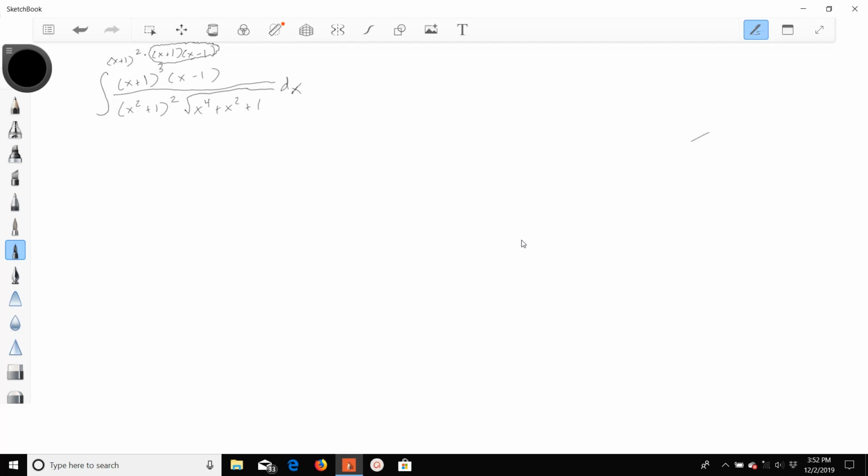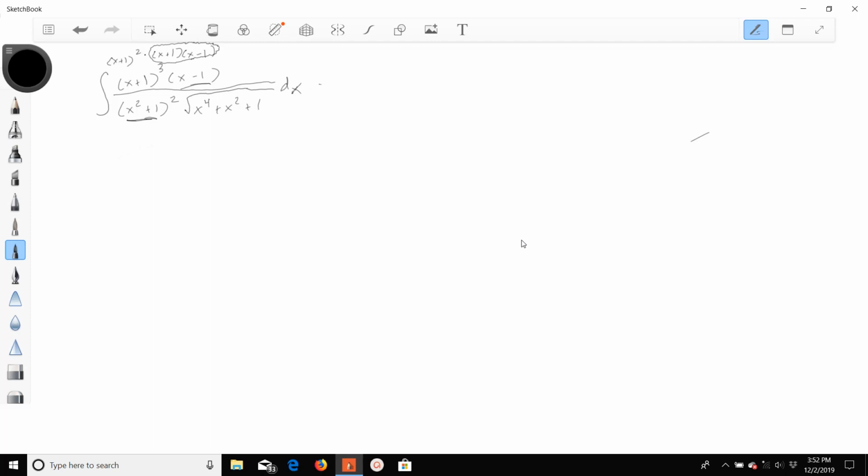And then from there I might have to divide by some power of x, but in other words, I would have an x squared minus 1 here and an x squared plus 1 here. So I could possibly use a u sub there, and I think that's where I want to go.